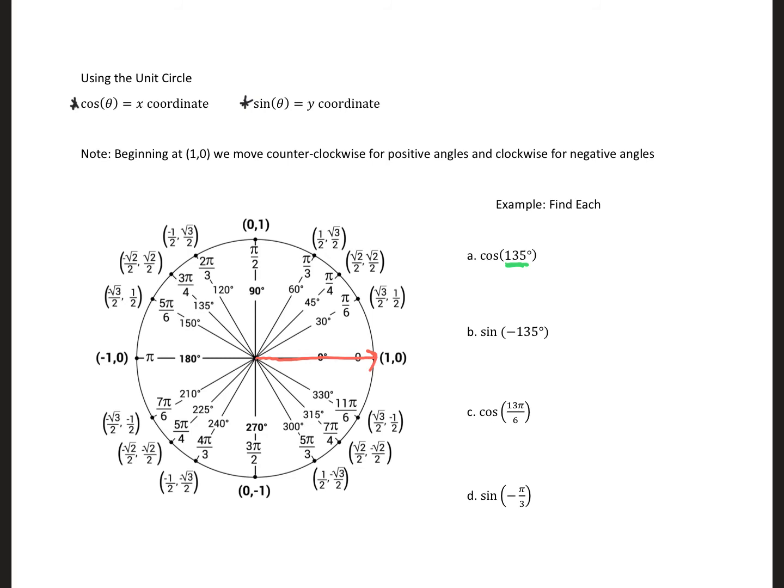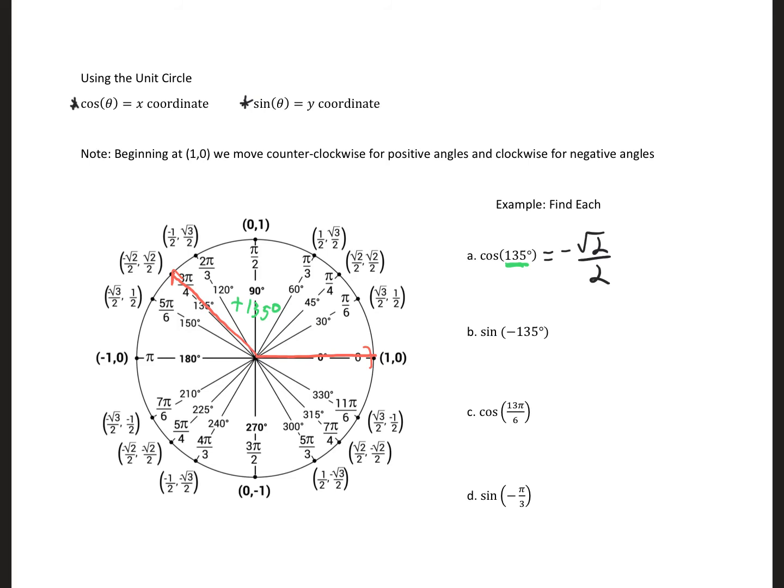So we're going to begin at this ray, and we're going to move left 135 degrees to make the angle. So if I want to know cosine of 135 degrees, cosine is equal to the x coordinate in the unit circle. Cosine of 135 degrees is going to be equal to negative square root of 2 over 2. That is the x coordinate.